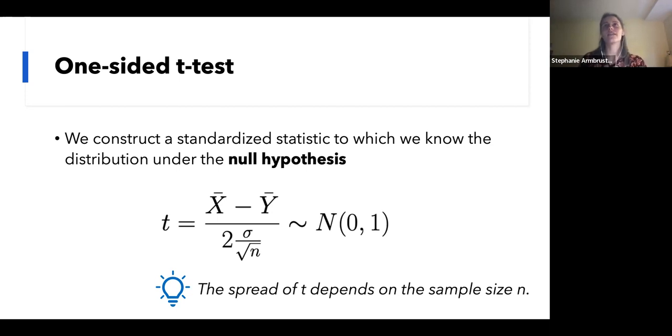And now if we insert our measurements and we get a t that looks really weird, a t that we wouldn't expect, we can then come to a conclusion of saying that, oh, well, our t looks so different, it looks so extreme, we wouldn't expect that under the null hypothesis. So maybe our null hypothesis, delta, is not equal to 0. Maybe statins do have an effect.